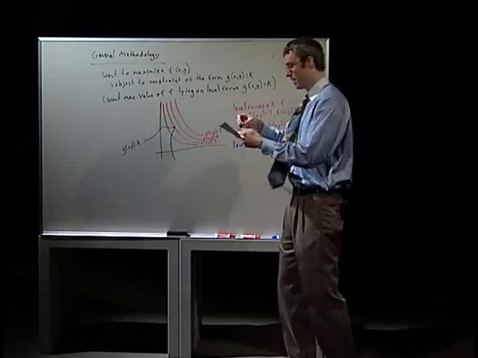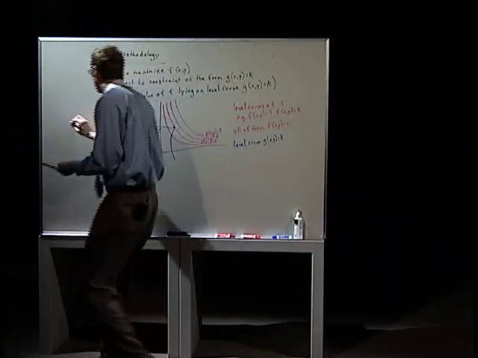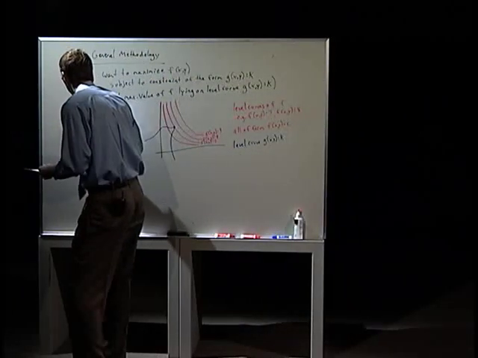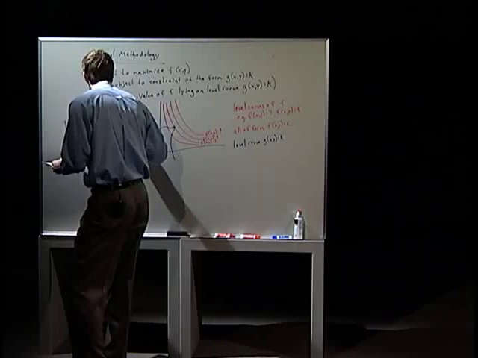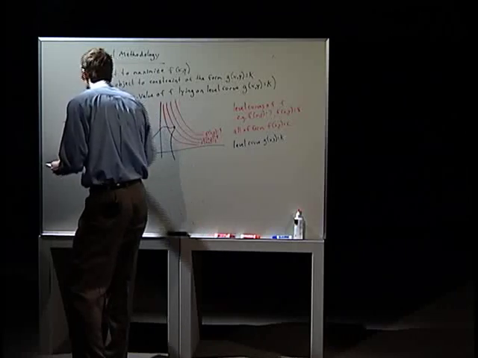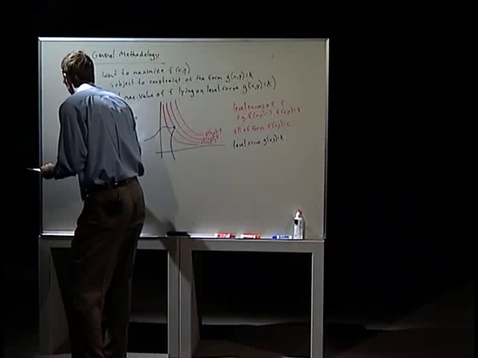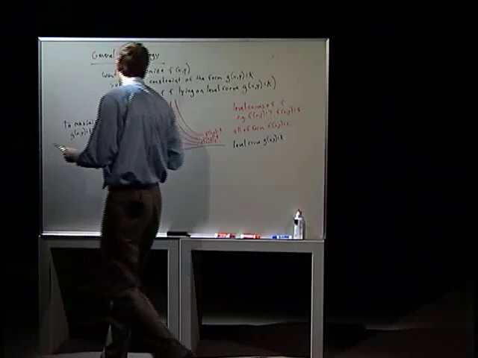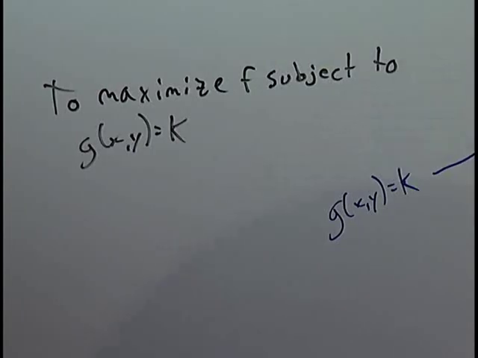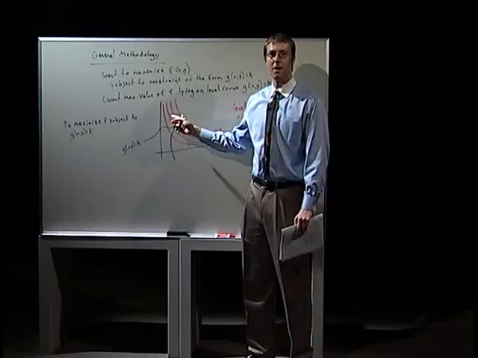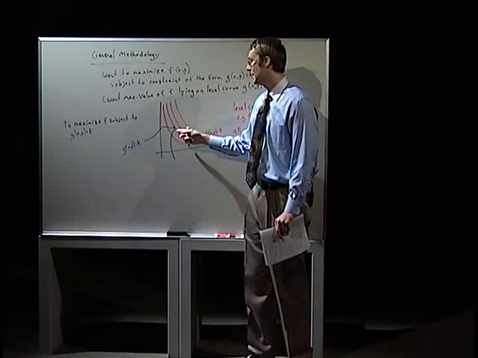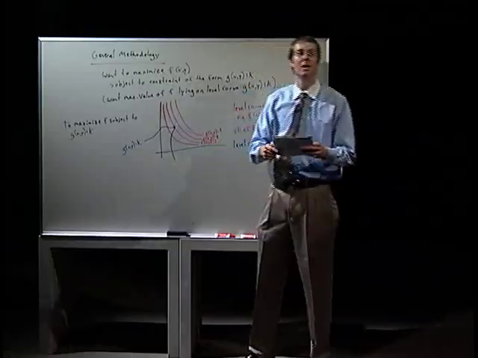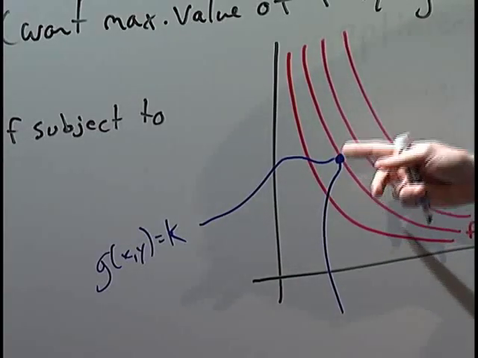So do I want to erase? Not yet. So to maximize f subject to g of x, y equals k, well, think about it. What I'm looking for is the level curve of f where the level curve of g intersects, right? I'm looking for the largest value of c where the level curve g intersects here.